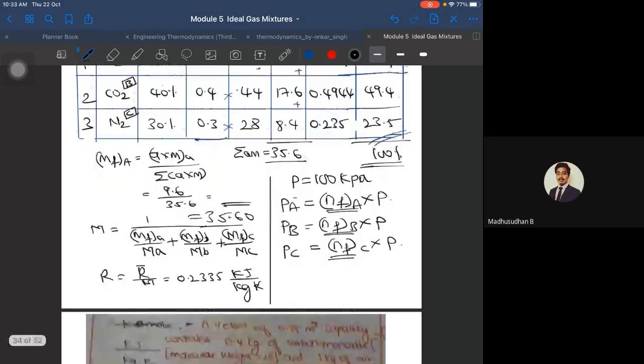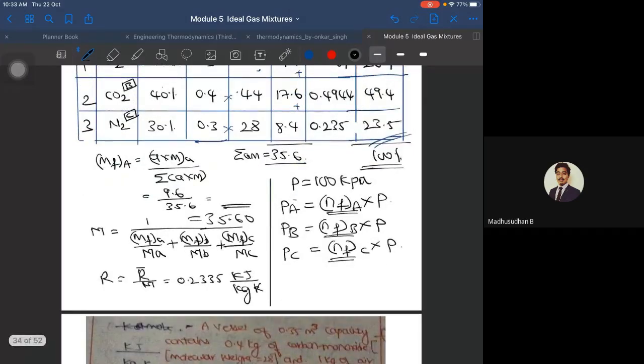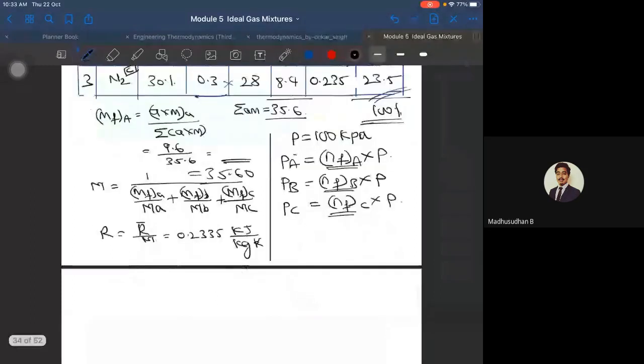So the mole fraction of A is nothing but N of A divided by total N. Now, I should calculate N of A and N. How will I do it?